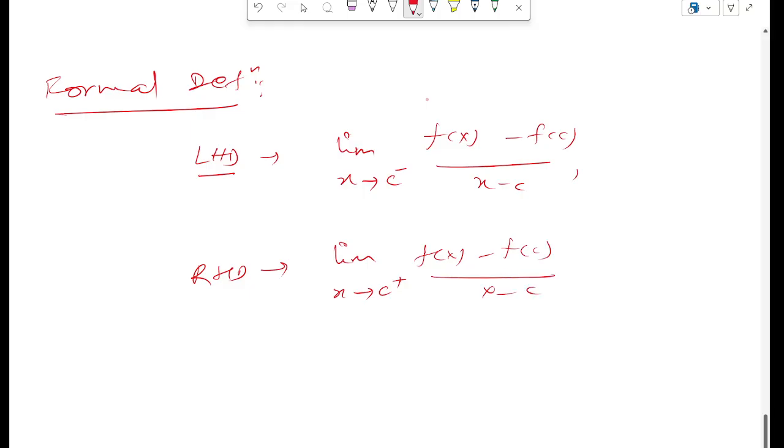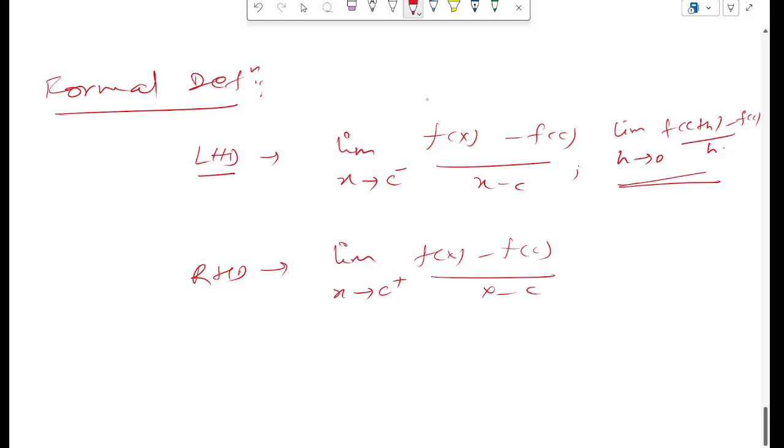There are other ways to write this formula. We write in terms of h also, like sometimes you will see limit h tends to 0 of f c plus h minus f c by h. This is nothing but writing it in different ways. They both are equivalent. Here we have replaced x minus c by h.